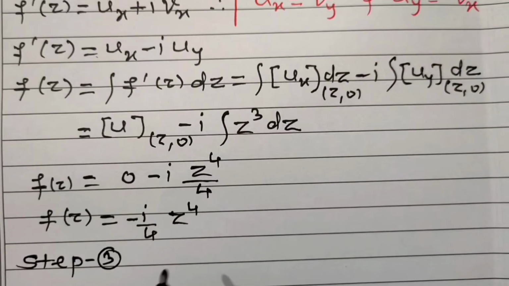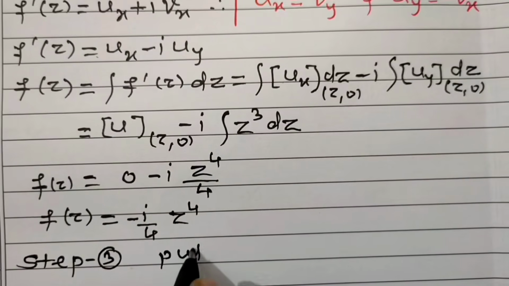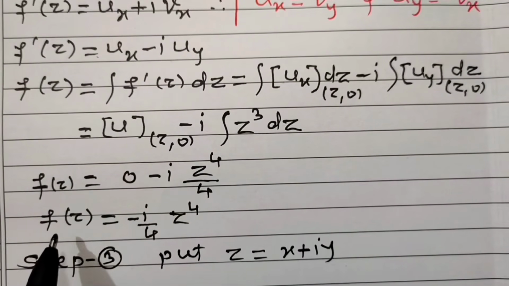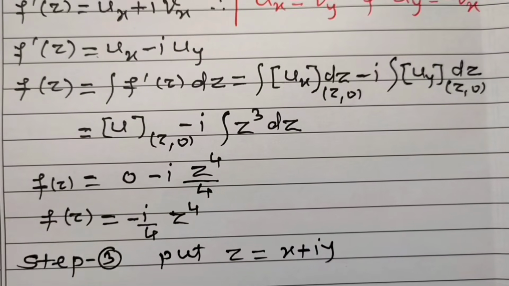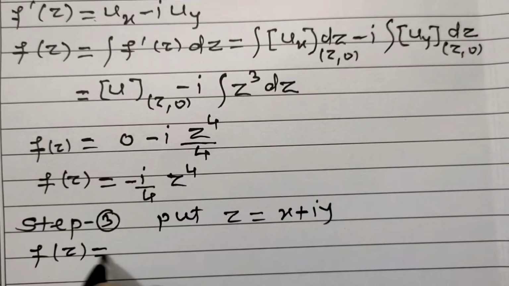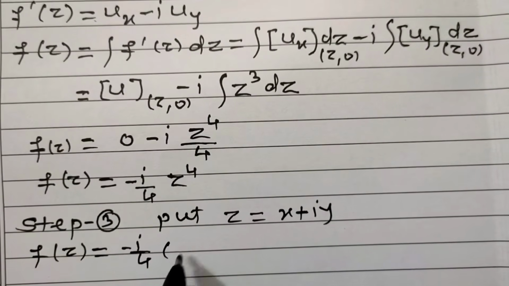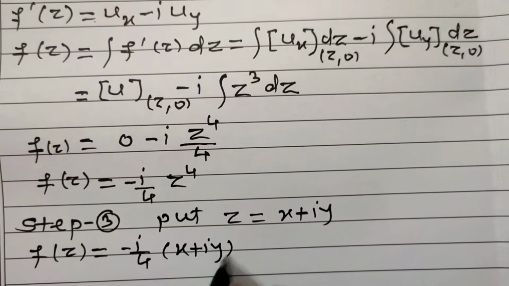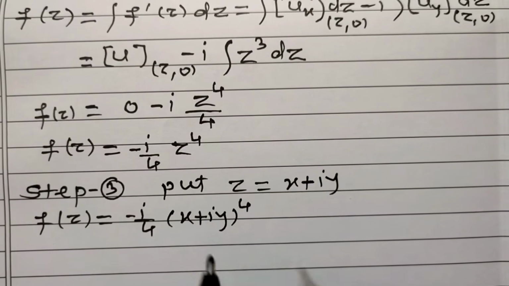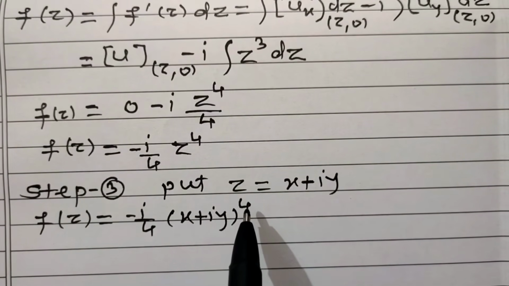In step number 3, put z is equal to x plus iy and express f of z in the form of u plus iv. So f of z is equal to minus i upon 4 times (x plus iy) to the power 4. Applying the binomial expansion formula, we can expand this up to the power n is equal to 4. Binomial coefficients will be 1, 4, 6, 4, 1.